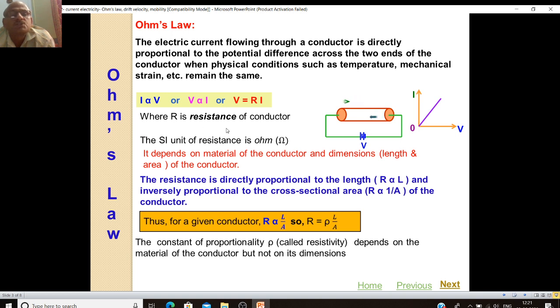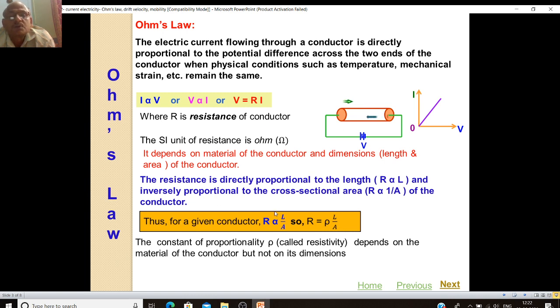Now this R, which is the resistance, its SI unit is ohm. Remember, resistance depends on the material of the conductor and dimensions, that is length and area of the conductor. The resistance is directly proportional to the length and inversely proportional to the cross-sectional area of the conductor.